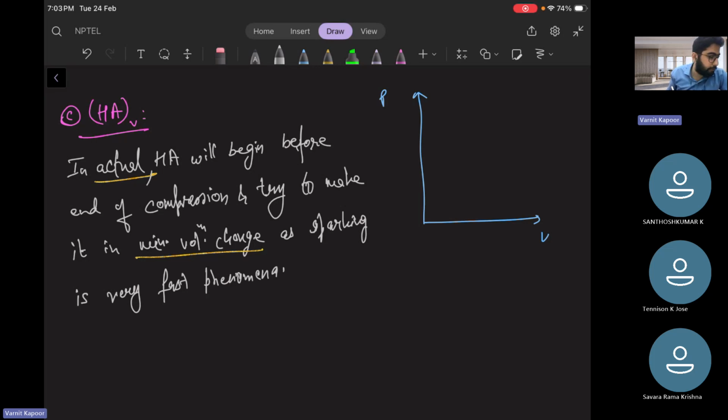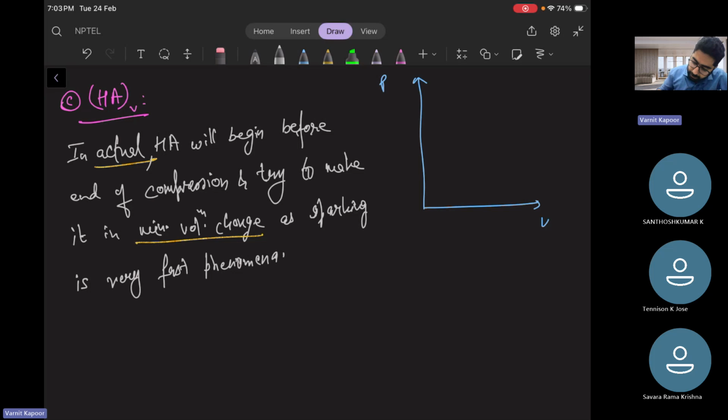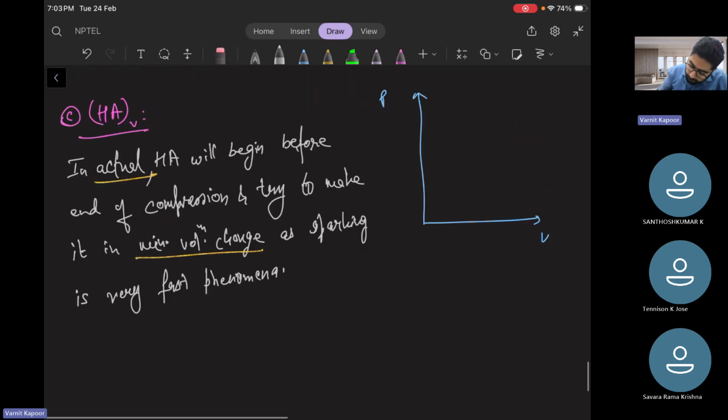The sparking is a very fast phenomenon. So here combustion is neither constant volume nor constant pressure, and this occurs at a very minimum displacement of the piston. Okay, so what we can say here is that, let me first make the diagram.